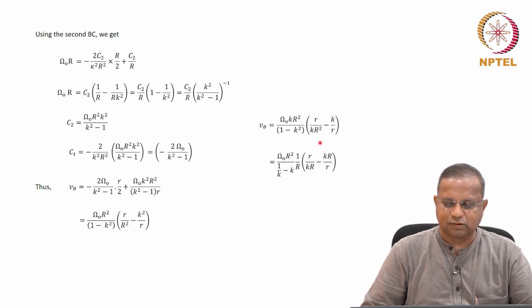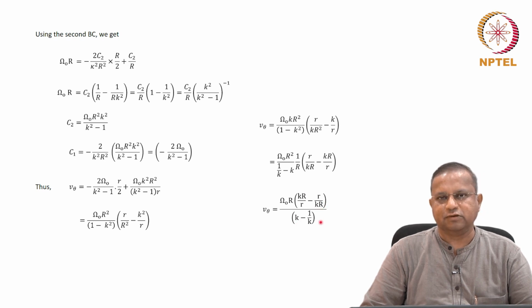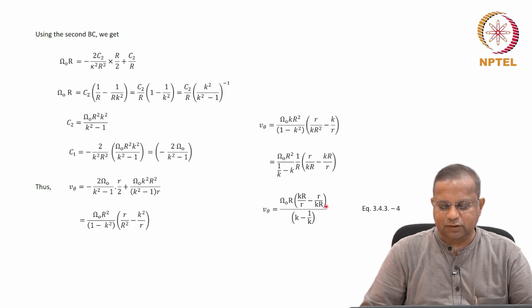That's what this is if you take the k out here, and 1 by r of course pulled out here, therefore r by k r minus k r by r, which can be written as omega naught r squared and r, 1 r gets cancelled, omega naught r squared by k r by r minus r by k r divided by k minus 1 by k. Okay. So this is the usual form in which the v theta is written.